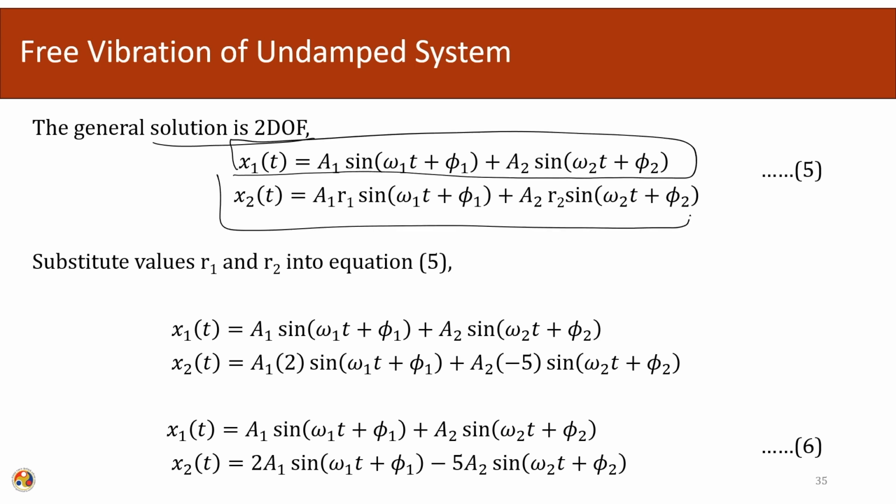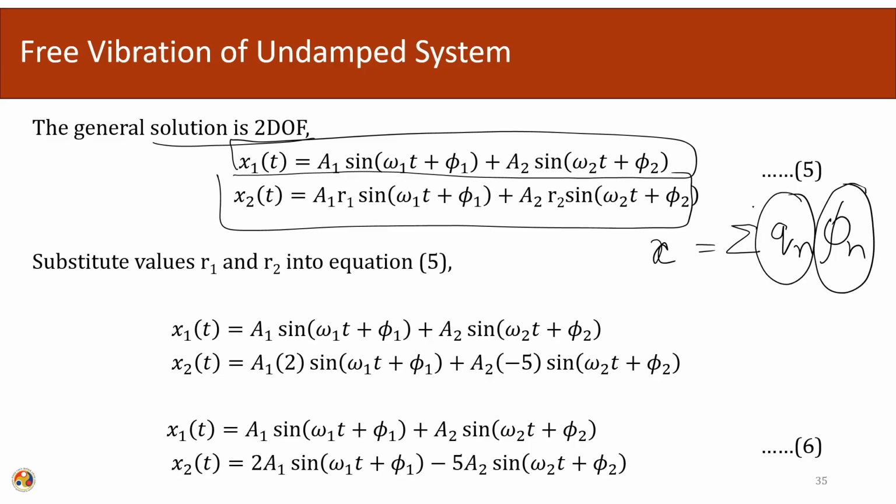If you look closely, each degree of freedom will be a summation of contributions from the individual modes. So, this is the shape function and this is the amplitude component due to the time dependent part. x1 will be the summation of q1 phi 1 plus q2 phi 2.